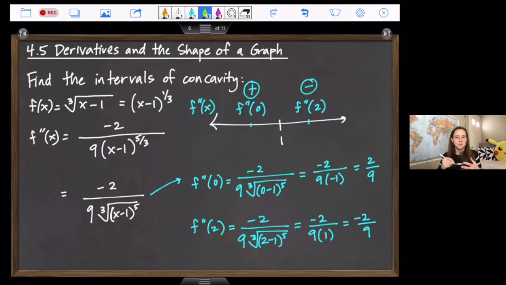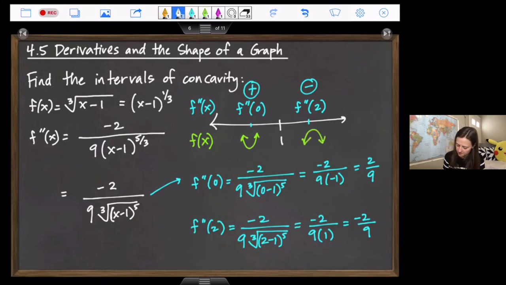So again, we're going to make statements about the original function, f of x down here in green. Where the second derivative is positive will be concave up. Where the second derivative is negative will be concave down. And then we'll make our statements.